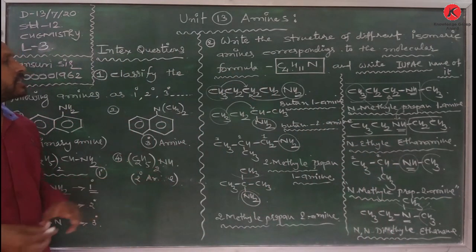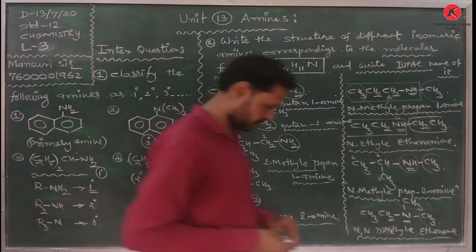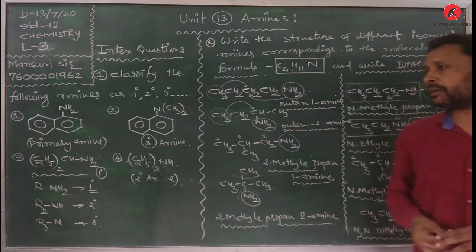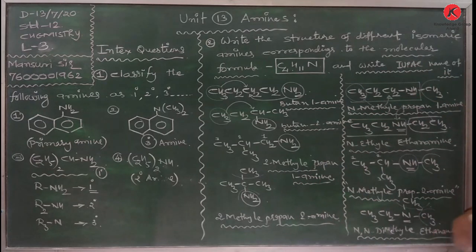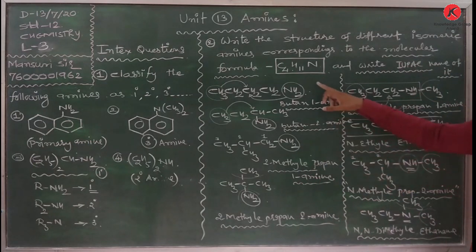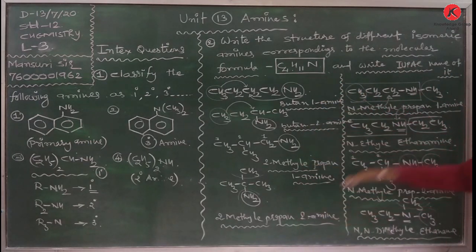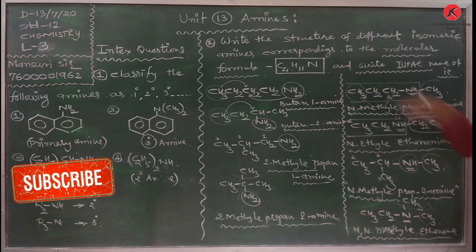We used the IUPAC names and made isomers which should not be repeated twice. So this is my primary amine, this is my secondary amine, and the last one is your tertiary amine. These are the isomeric amines corresponding to C4H11N. Okay.